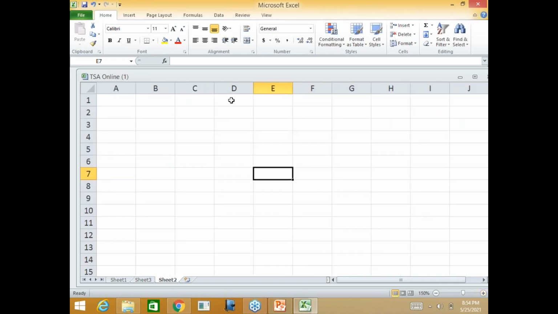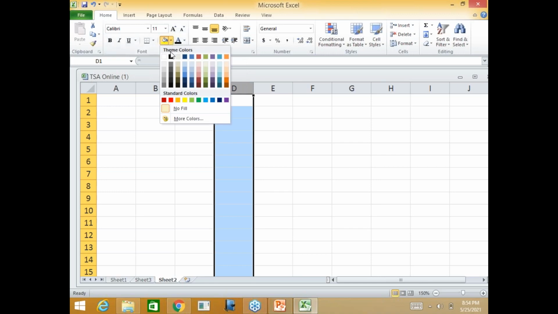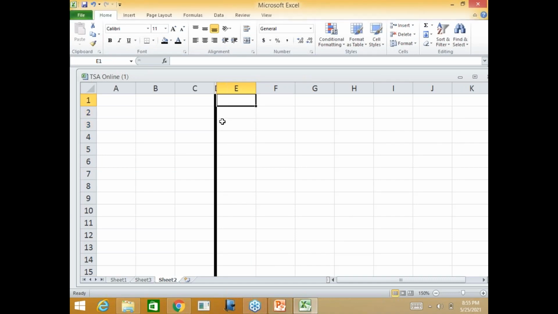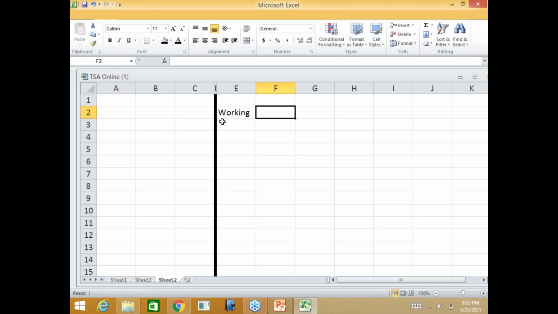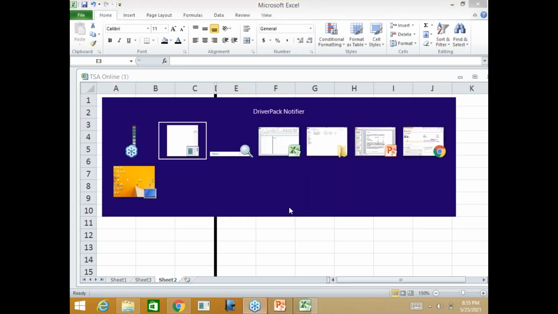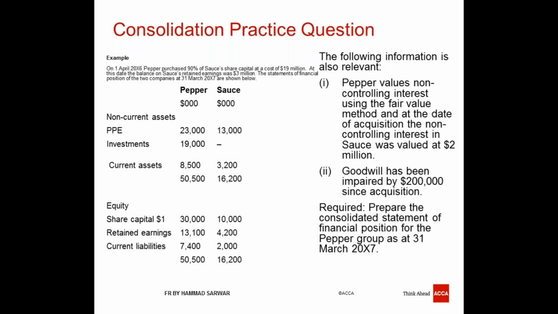Whenever you are going to start the question, always make a line, a column, to differentiate between the workings and the final presentation. So let's solve this question.